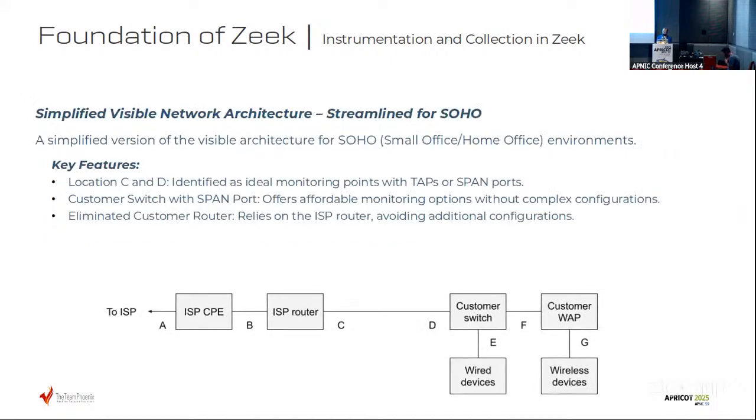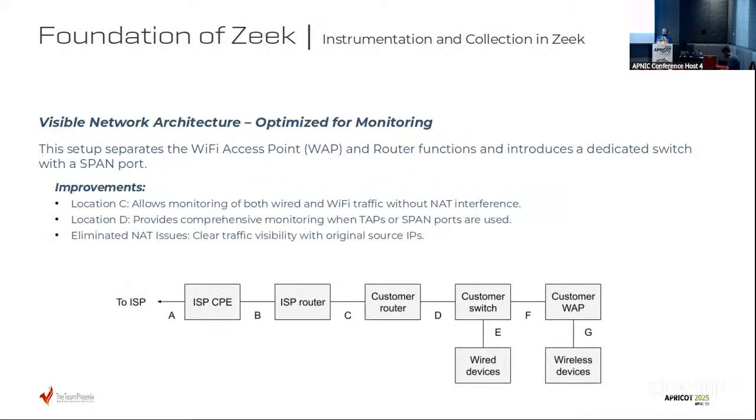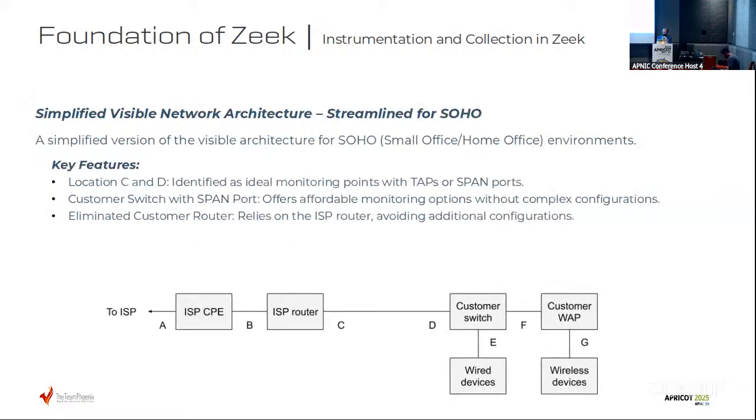Now, if we jump into the hard part, like for the SOHO network, if you see the previous diagram and the new diagram, we have ditched the customer router because we don't need any. The customer switch is good enough to export the span traffic, or we are able to put the tap over there.